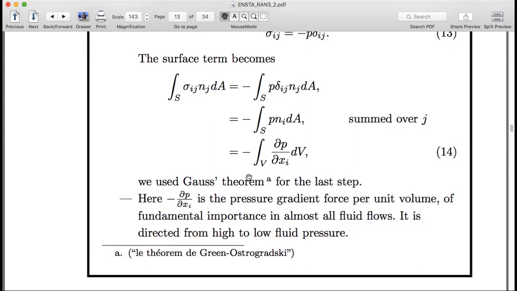But the pressure gradient is a vector which increases in the direction of increasing pressure, so it points in the opposite direction as the pressure gradient force. So that's why you have the minus sign there. The minus sign indicates the force is from high to low pressure, but the pressure gradient is from low to high pressure.